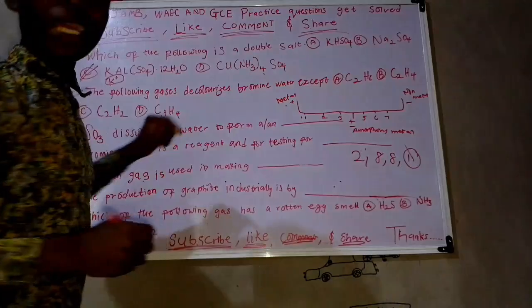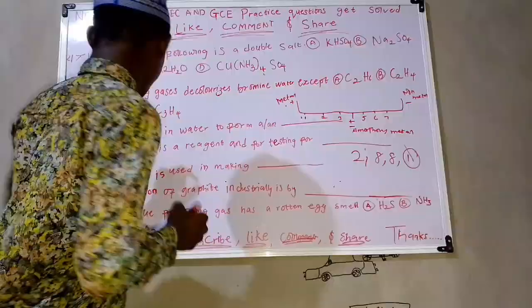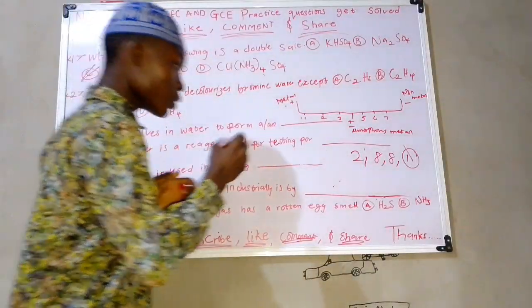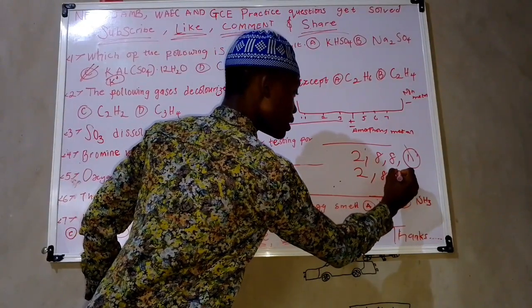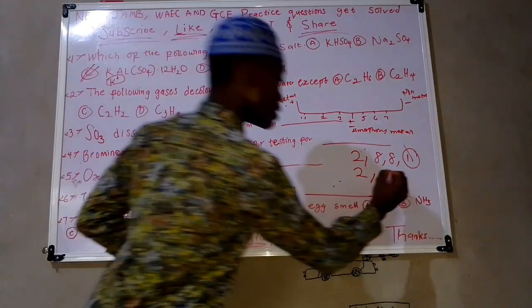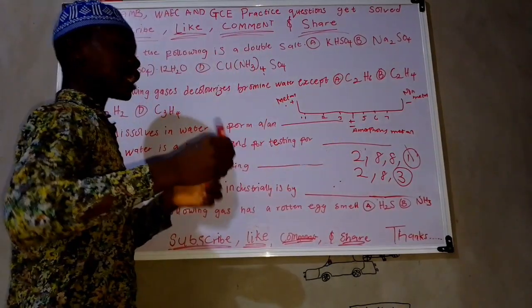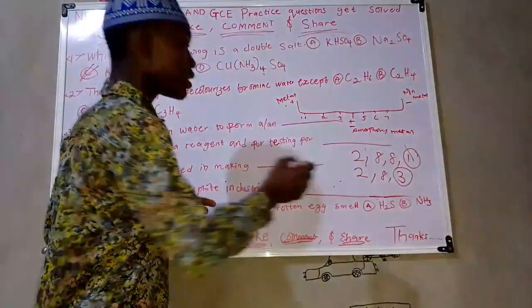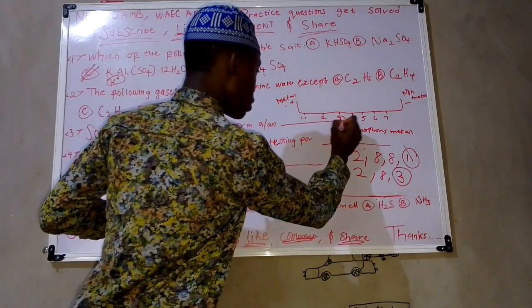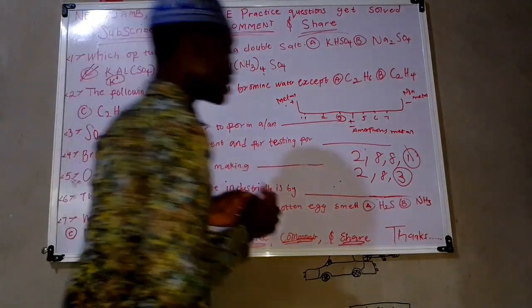So potassium is a metal. Now, let's take aluminum as an example. Aluminum has the electron configuration 2, 8, 3. It has 3 electrons in the outermost shell, or the valence shell. Where does 3 fall? It falls under metal. That is simply a trick.